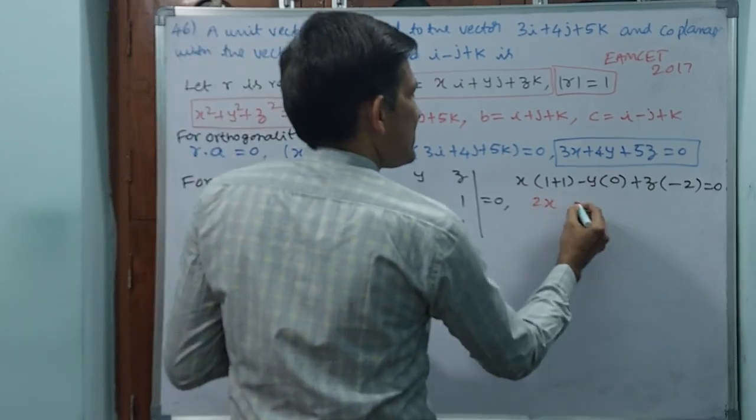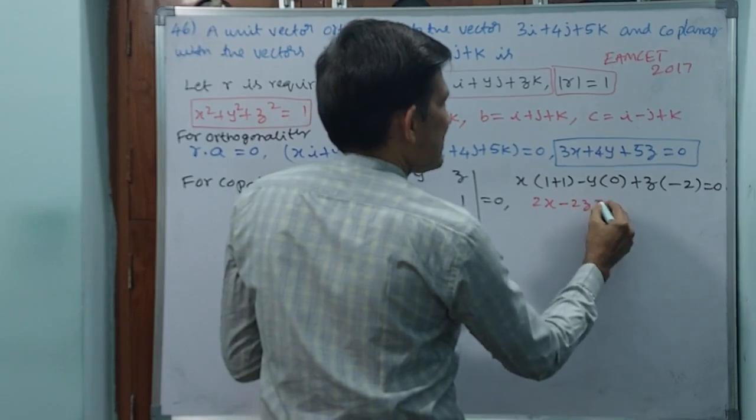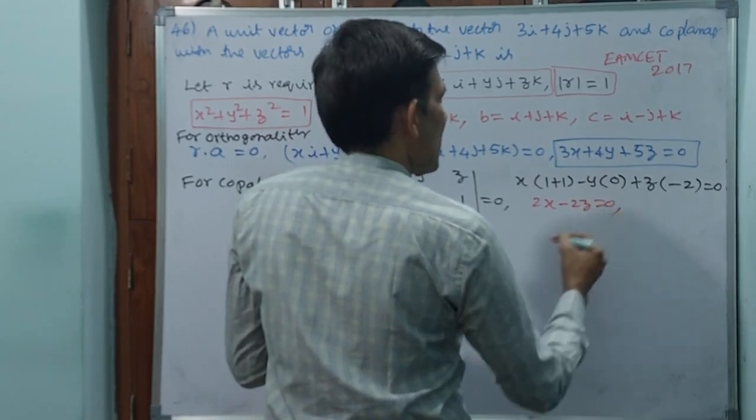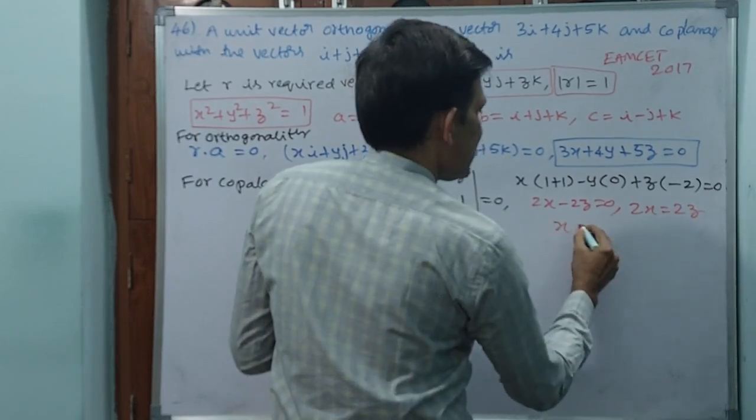Y is not there, y is 0. So 2x minus 2z is equal to 0, or 2x is equal to 2z, or x is equal to z.